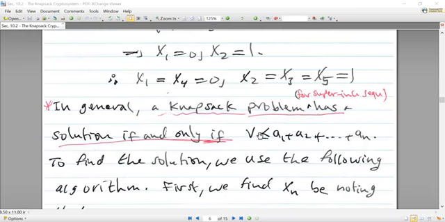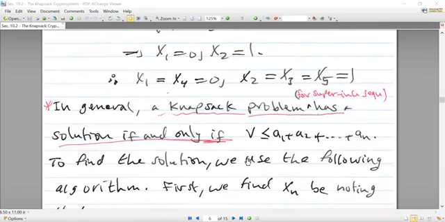Because if V is bigger than this, then the best we can do is to take all the x's equal to 1. If when we put all the x's equal to 1 we come up with a sum smaller than V, then of course we cannot get to V.